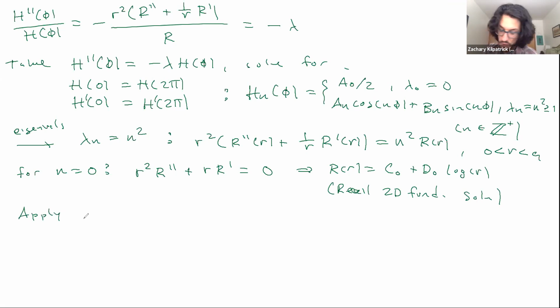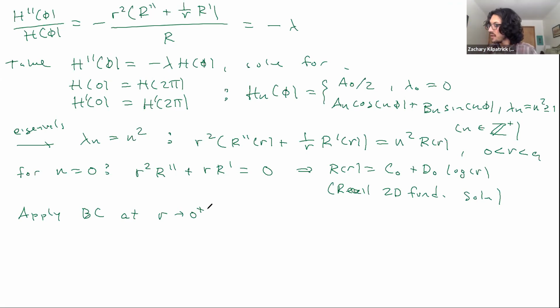But before we move on, I'm going to apply our additional boundary condition. Remember that we have, as r goes to 0, not your typical boundary condition, but a boundedness condition. What that means is that as I take the limit as r goes to 0, I want to make sure that nothing's blowing up.